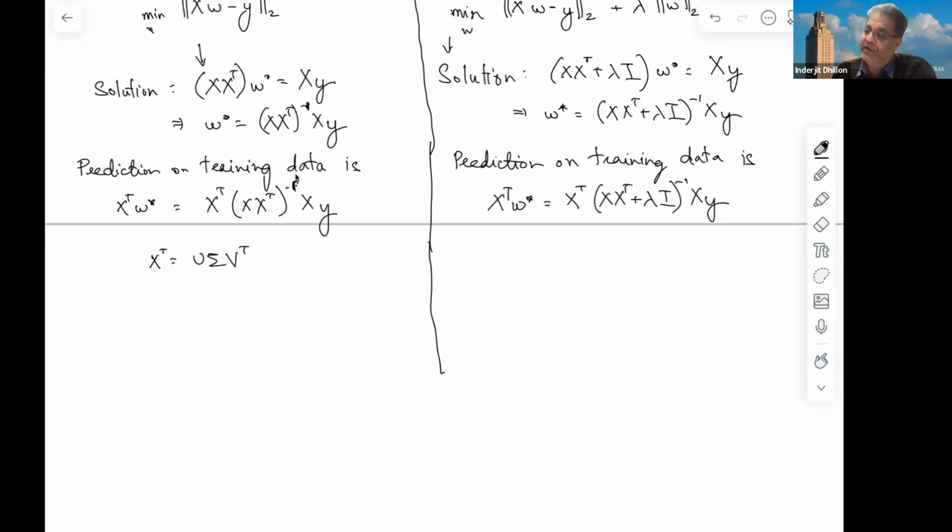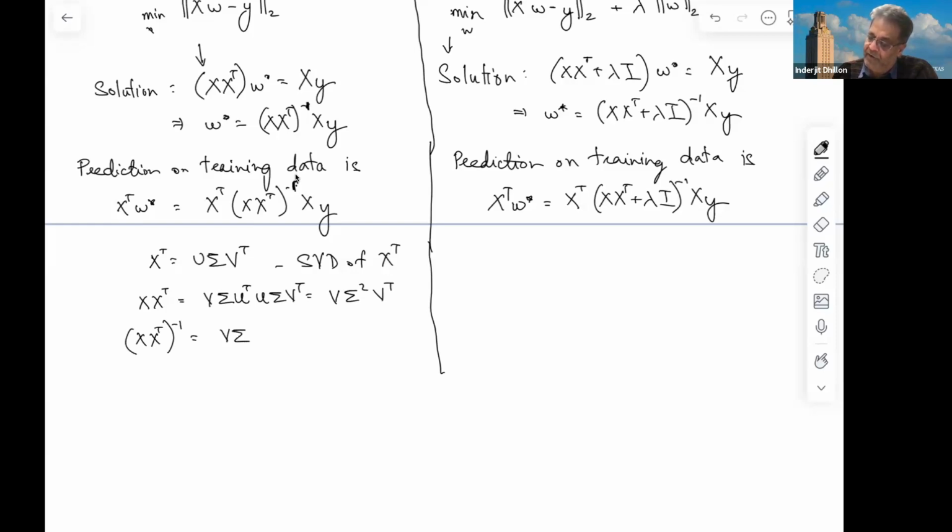Let's look at the SVD of X transpose: X transpose equals V sigma U transpose, so XX transpose equals V sigma square V transpose, and XX transpose inverse is V sigma minus 2 V transpose.